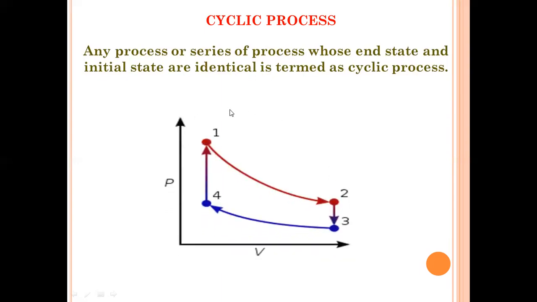This is how we can plot the cycle for any thermodynamic system. When a thermodynamic system undergoes a series of processes like 1 to 2, 2 to 3, 3 to 4, and 4 to 1, and the initial and final states become identical, that process is called a cyclic process.